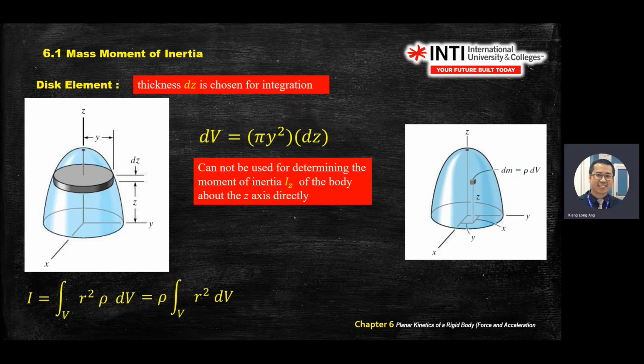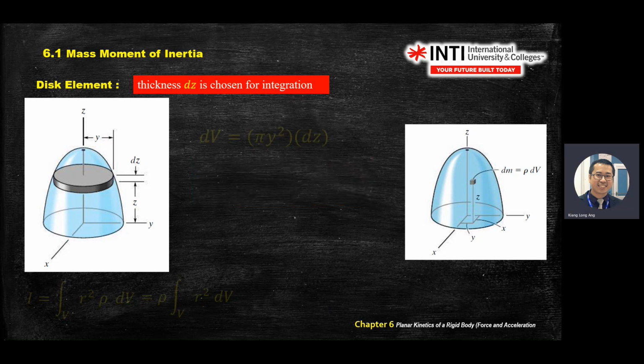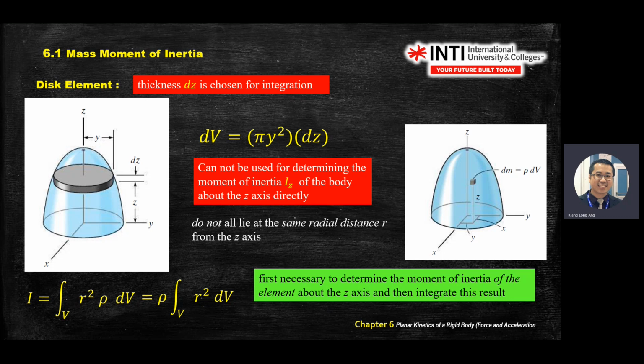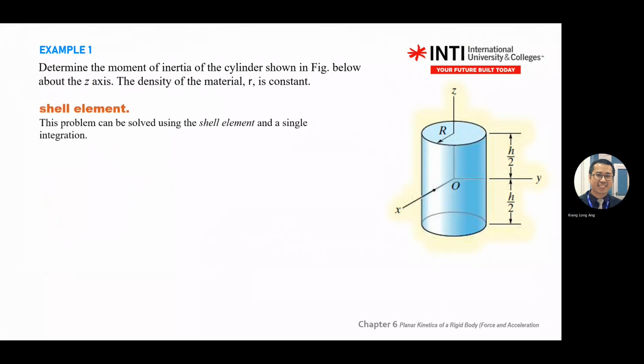Any question on this shell element? This shell. Now back to the question. If you use the shell method, how to find the second moment of inertia for this rock? You use the shell method.